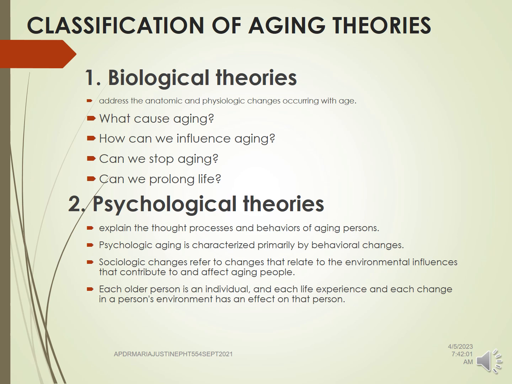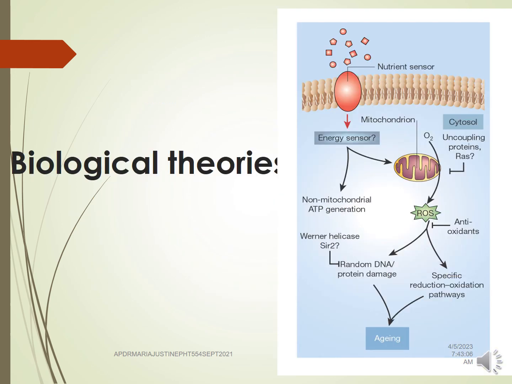Sociological changes refer to changes that relate to environmental influences that contribute to and affect aging people. Each older person is an individual, and each life experience and each change in a person's environment has an effect on that person.